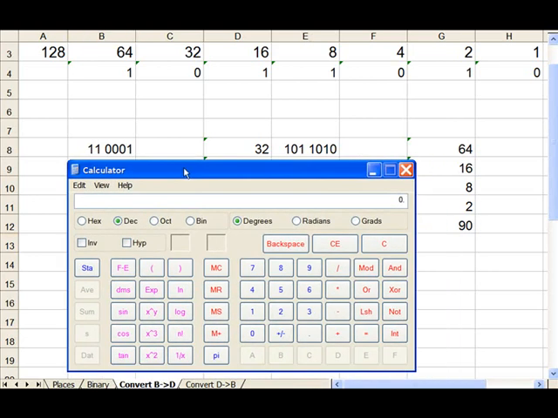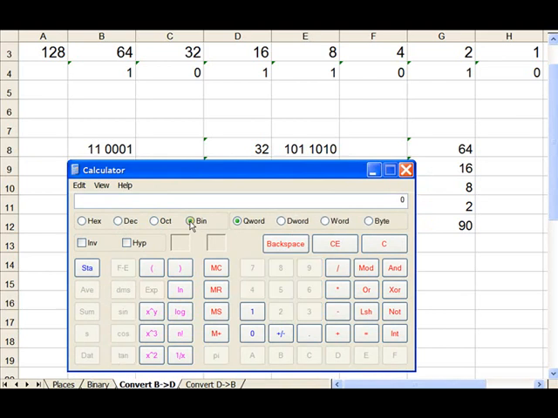So if you look at the scientific version of the calculator, you'll see that we have a decimal number system and a binary number system. If we click on binary, all of the digits are dimmed out except for 1 and 0, indicating that you cannot use any of the digits in binary except 1 and 0.